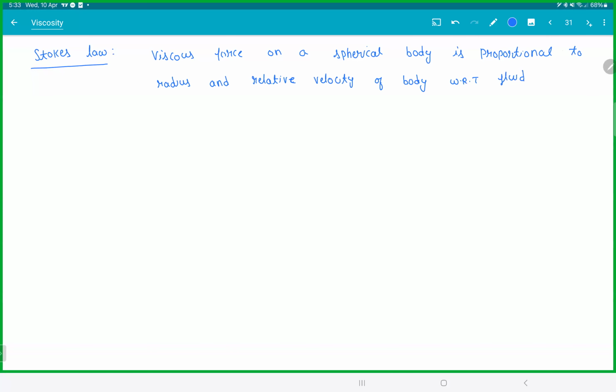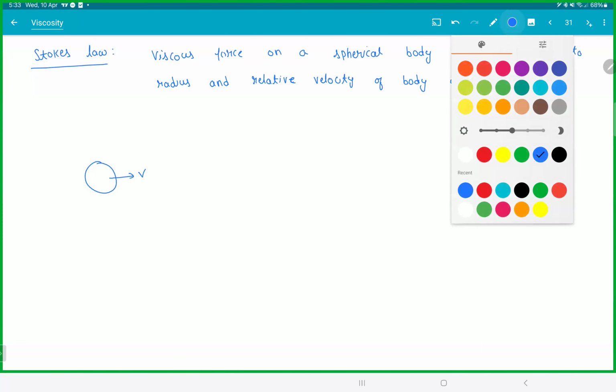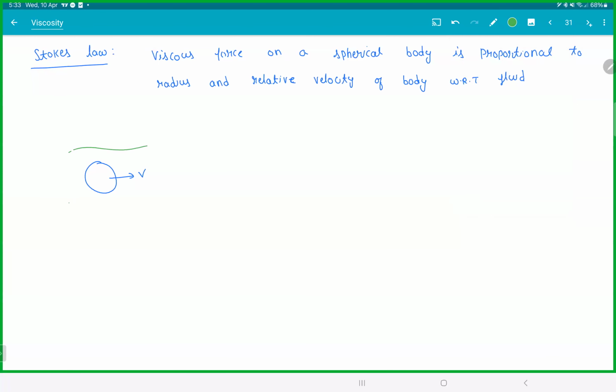So what the meaning of this is, let's say you have a sphere going with speed v, and the surrounding liquid itself is going with speed u. Then the viscous force acting on this system is given by minus 6 pi r eta v relative, where the minus indicates opposition.